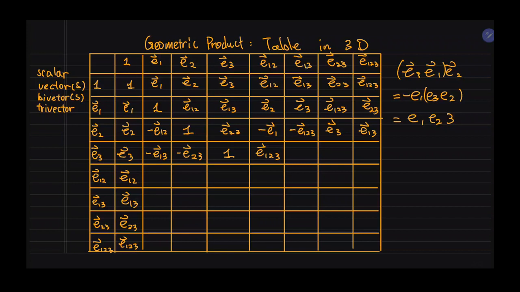And e3 e13 will be minus e1. And e3 e23 will be minus e2.